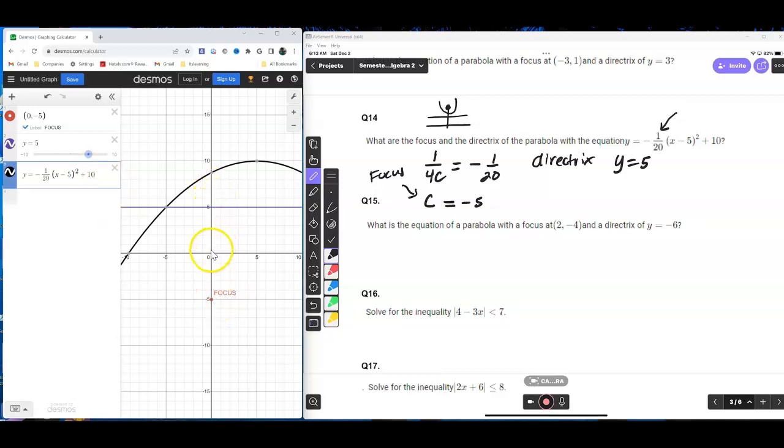What happened is the transformation went 5 to the right and 10 up. So I have to move the focus 5 units to the right, and then I have to move it 10 units up.